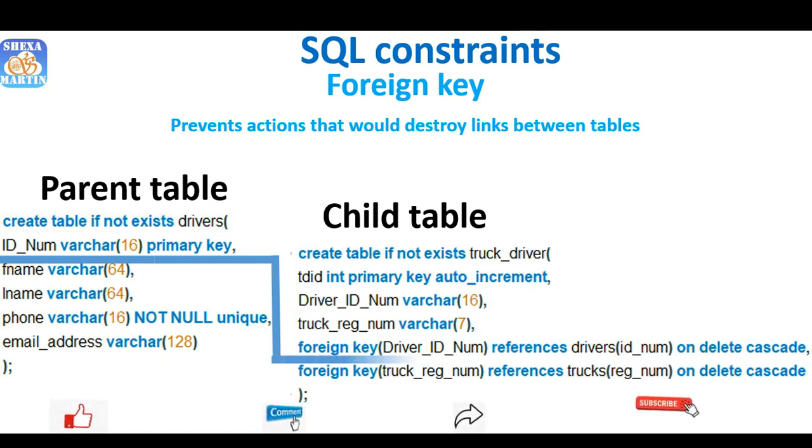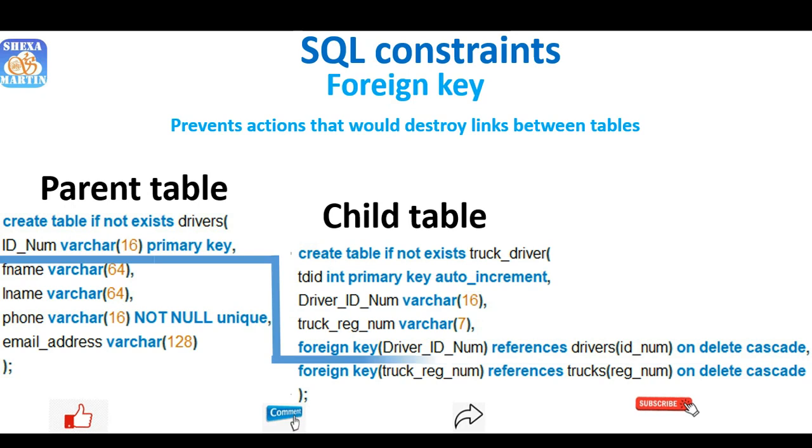So you specify that your foreign key is driver ID number, which exists in this child table, but this driver ID number is referencing the ID number column, which exists within the drivers table, which is the parent table. So that's the link. That's how the foreign key constraint links two tables.